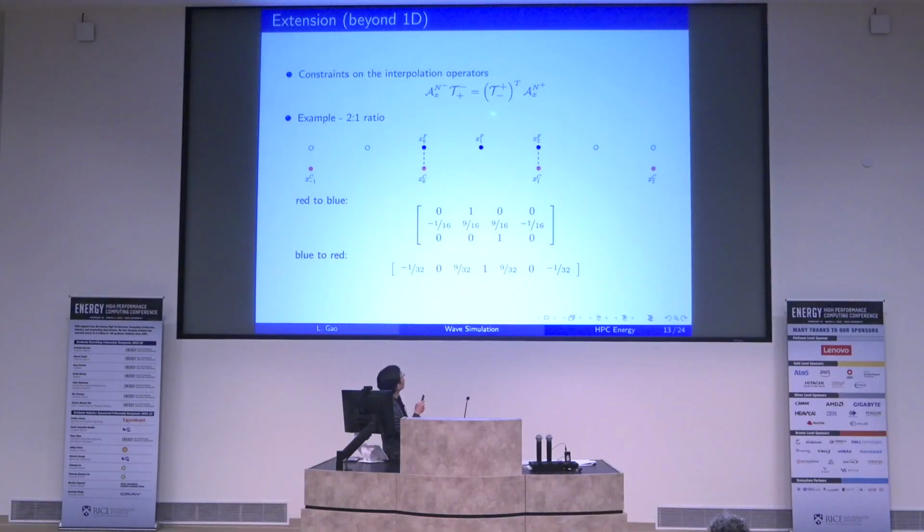So here's one very common case. You have a 1-to-2 grid ratio. This operator from red to blue, it's hard to make a different choice. I think this is very automatic to do. But you have to be very careful when you go from blue to red. It's very tempting to just take the value, but that would not be the right thing to do. You have to do an average based on the choice of this operator here.